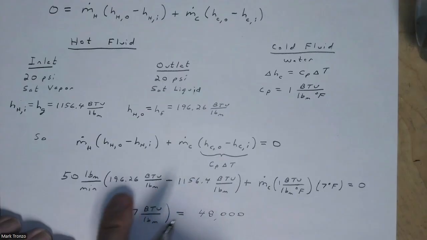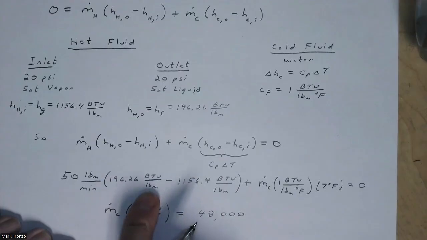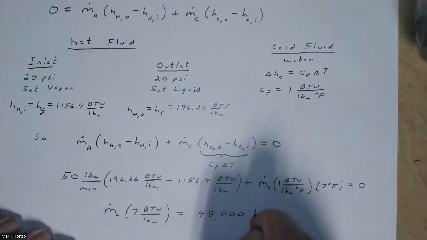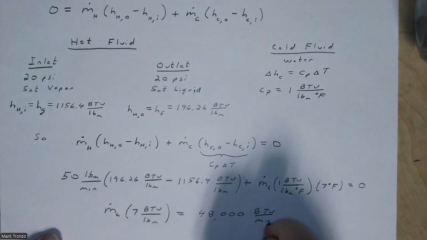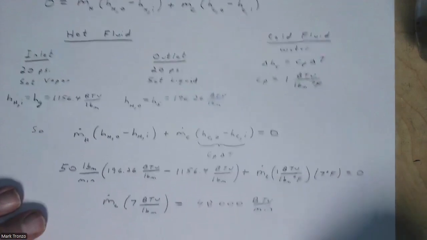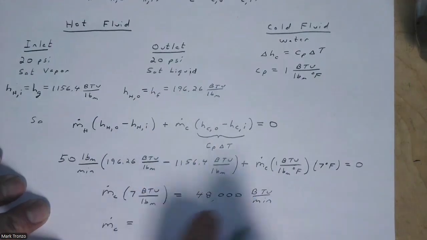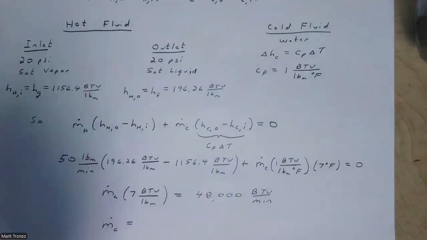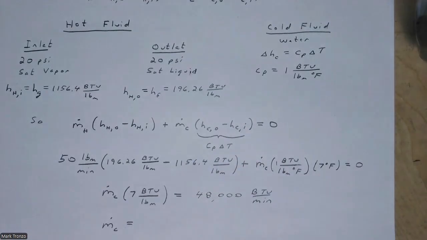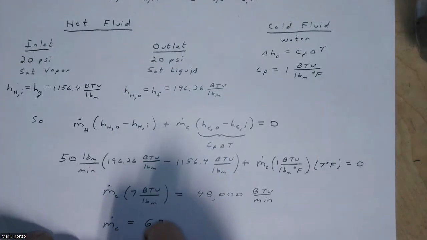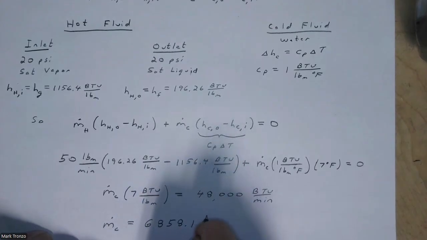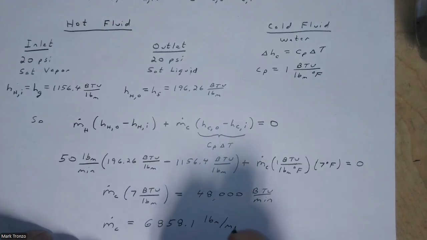And the pound mass will cancel, so we'll have BTUs per minute, like this. And then we solve for m c dot. We divide this out, the BTUs will cancel, so we'll end up with pounds per minute. And it's around 58.1 pounds per minute.